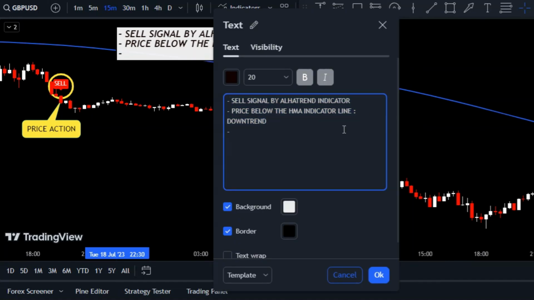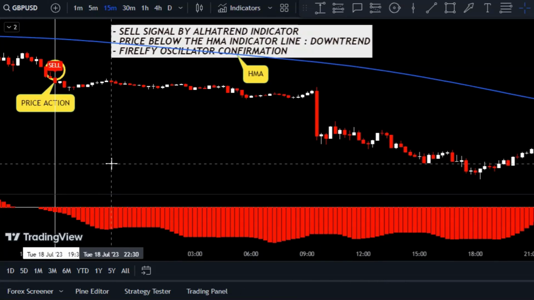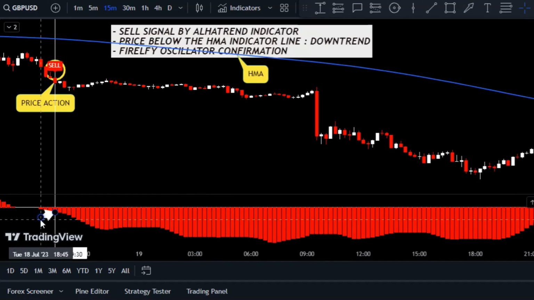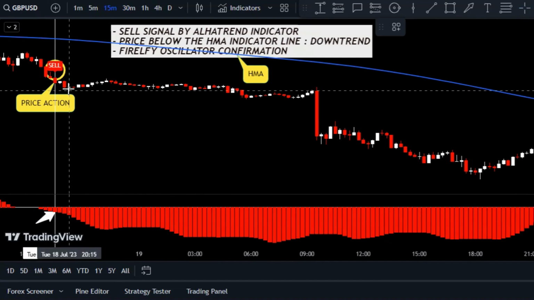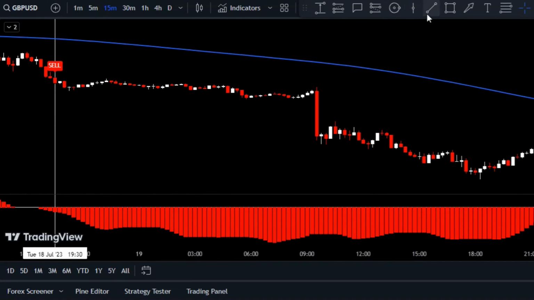Lastly, validate the signal with the Firefly Oscillator. Once all these conditions align, it's time to enter a sell trade.